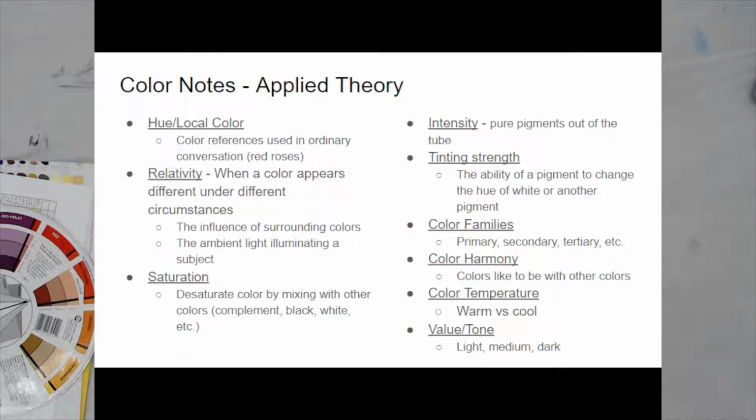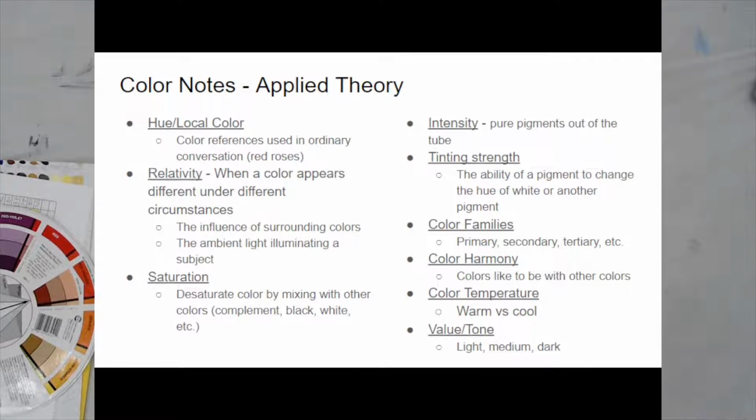So, other color notes that have to do with applying the theory. Hue and local color. Those are the color references that we use in ordinary conversation. A red apple, red roses. That's what hue refers to. Relativity is when a color appears different under different circumstances. If you paint an orange square within a blue square, and then you paint that same orange square within a square of another color, even though it's the same orange, it might look different because it's next to a different color.